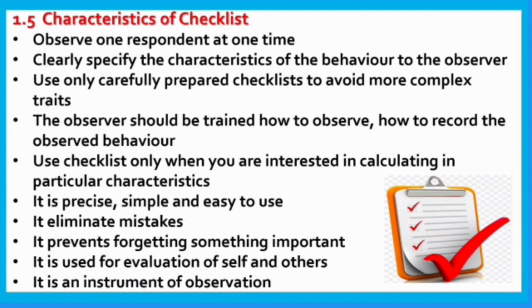It is easy to use and it is precise and simple. If we want to evaluate ourselves and others, we use checklist as an important tool. And if we want to observe the behavior of others and calculate particular characteristics of others, we use this type of tool as the best tool.